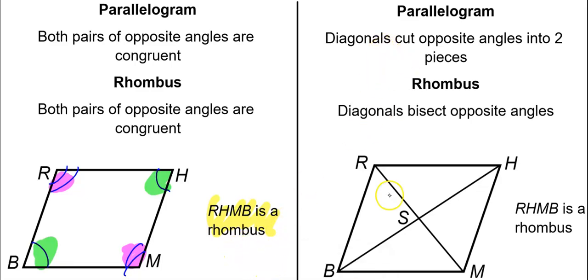Okay, so in a parallelogram, when I draw in the diagonals, what it does is it cuts a corner in half. So it would take corner R and cut it into 2 pieces. It would take corner M, cut it into 2 pieces. Same with this corner and this corner. Now, because this is a rhombus, the diagonals bisect opposite angles. And remember, bisect means cut in half.